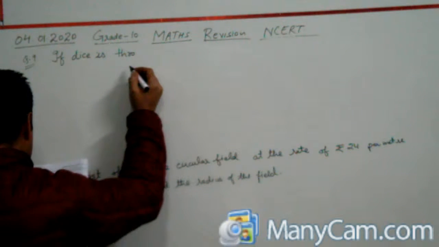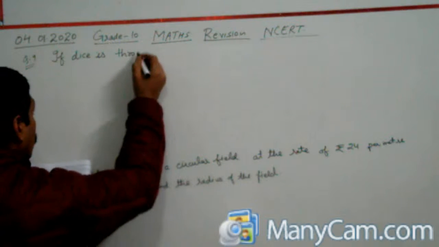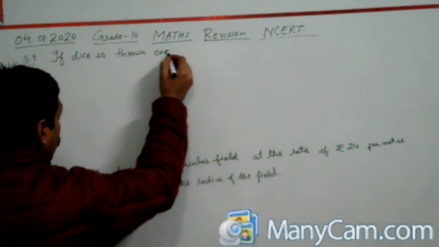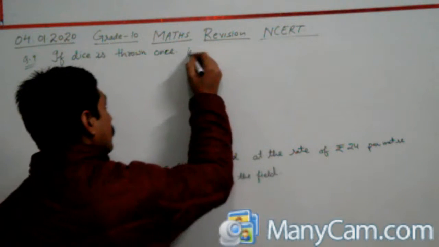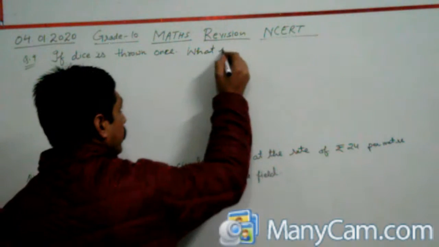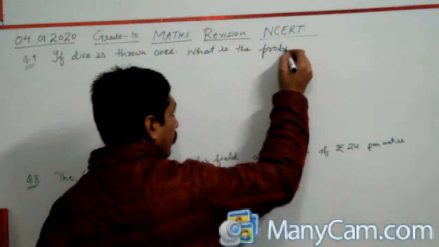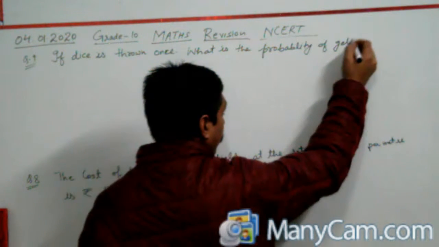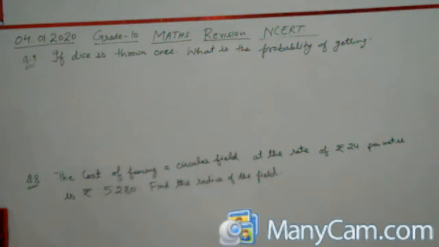If a die is thrown once, what is the probability of getting a prime number?